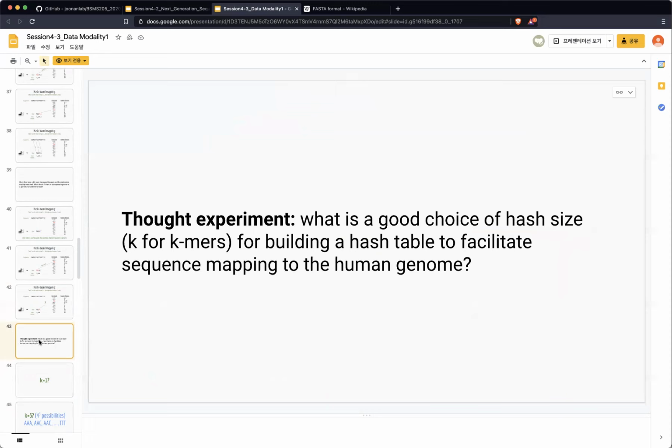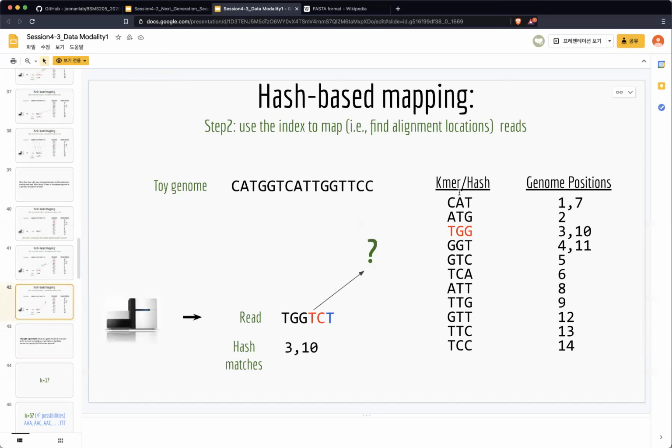Okay, so another question for you is think about how many k-mers we have to use for hash mapping. So k-mers means here we use 3-mers, right? So k means the number, right? So mer is the sort of, you can think about the character, right? So k-mer is, we use the 3 characters, so we say trimers, right? 3 dash and more, right?